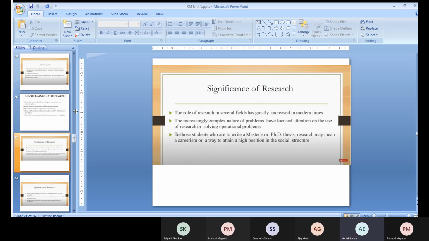Sir, is there any difference between field and industry? Which industry? Whatever. For example, production is an industry. Service is another industry. Software is another industry. So, is there any difference between field and industry? See, field and industry are totally different.